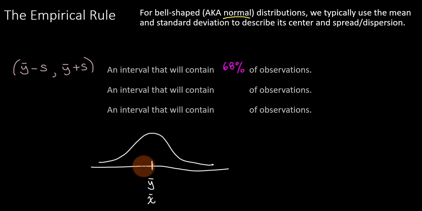On this image down here, I'm going to put two tick marks that are equidistant from the mean, and this region in between the pink dotted lines is about 68% of the observations.